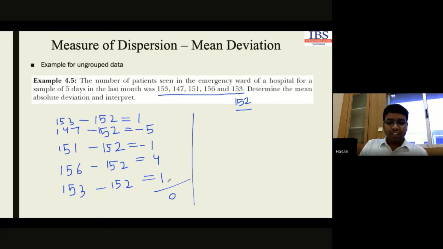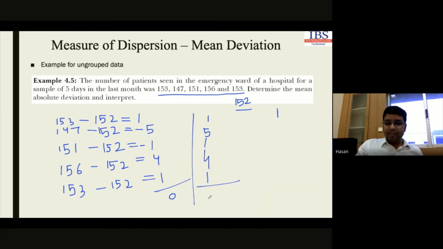Okay, so to avoid this particular impact, we have to identify the mean deviation, how much it is deviated from the target. So we have two different options. First, we can take the absolute value. Then we have 1, 5, 1, 4, 1.